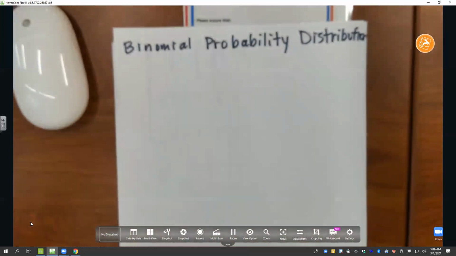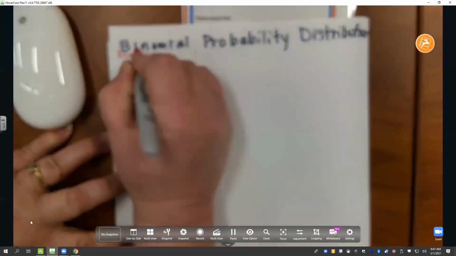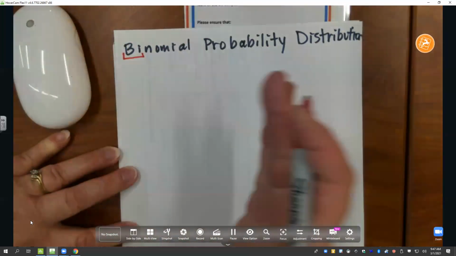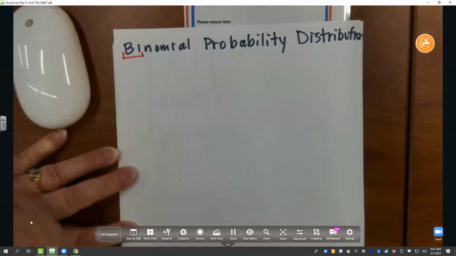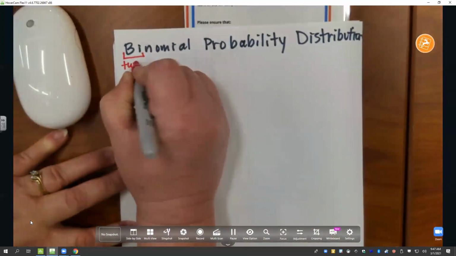If you're familiar with English, and I hope that you are, you probably know that the prefix bi, as in bicycle, biped, binomial, means 2.